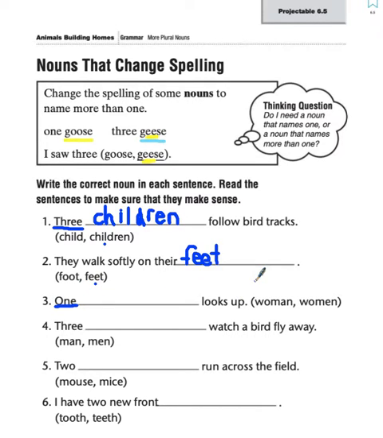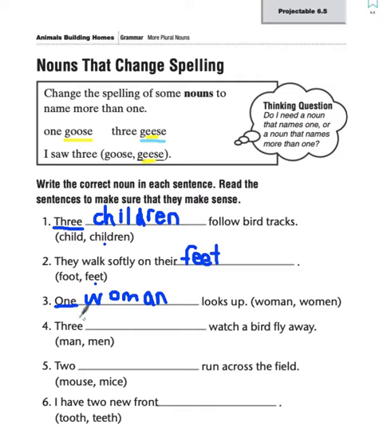Okay, I can see 1 grown-up or adult girl looking up. Or let me put the word women. 1 women look up. Well, it's kind of tricky because they sound the same, but women is the plural form of woman. Since we're just talking about one, we want to put the word woman in the sentence, and then we'll read it to make sure it makes sense. One woman looks up. Sounds good to me.